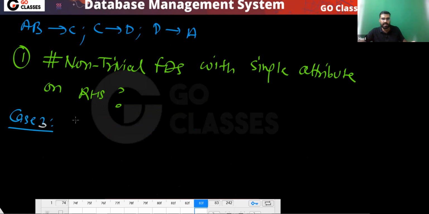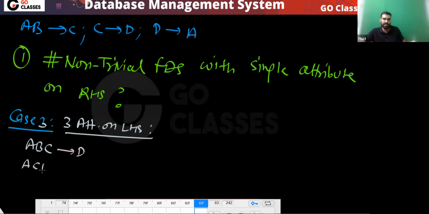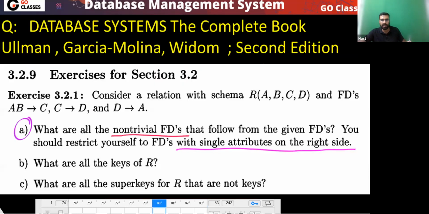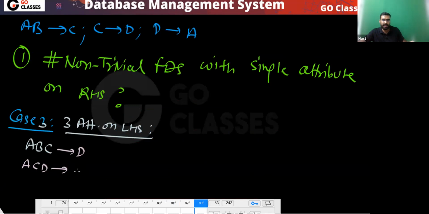You can create case 3: 3 attributes on LHS. If you have 3 attributes on LHS, then what will happen? You can check ABC. With ABC, you will get D. You can check ACD. ACD will not give you B, so only this will give you.